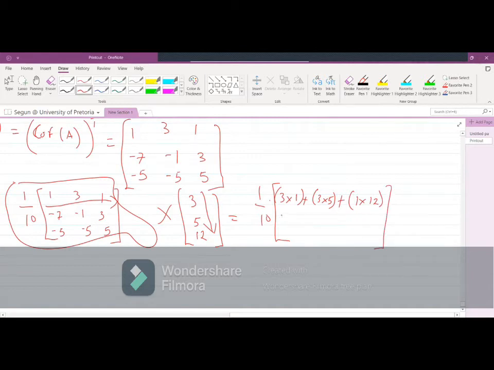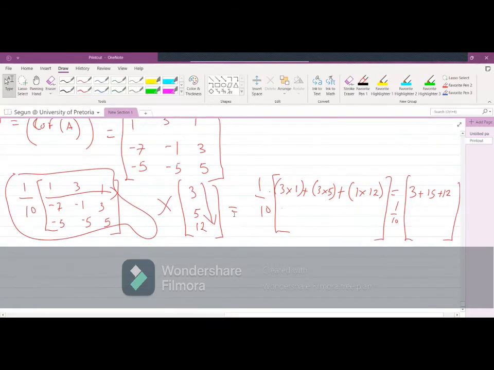Let me just calculate this so that we all know what we are saying. We still have 1/10 out there. It's going to be 3 plus 15 plus 12. So you do the same thing to the rest.